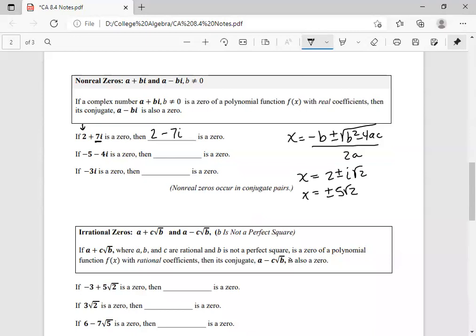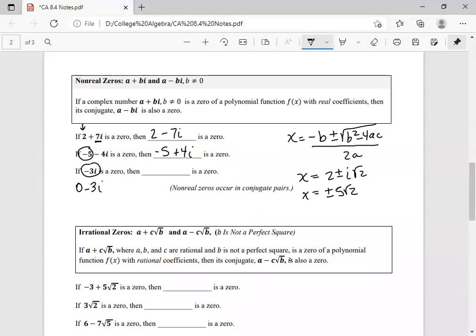Okay, so on this one, I'm going to leave the -5 alone. But if -5 minus 4i is a 0, then that means -5 plus 4i is also a 0. On this one, we don't have a number in front, we could rewrite this as 0 minus 3i.